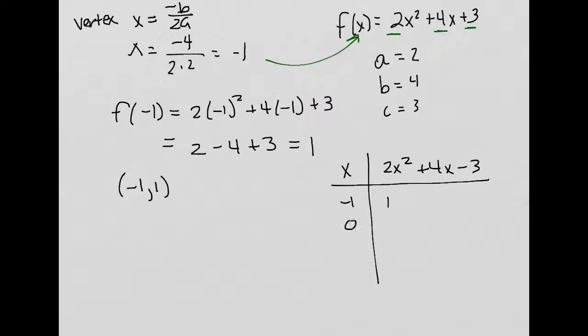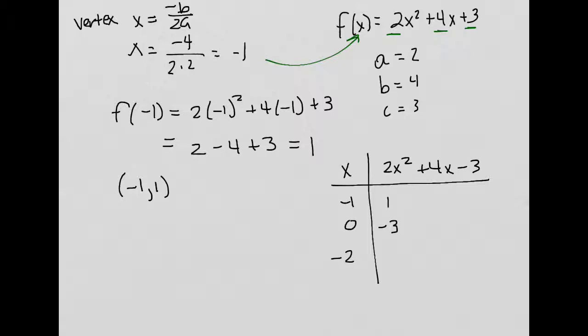Then I have 0, and at 0, I'm going to find the y-intercept, and it's 0, negative 3. Since I know that my vertex is at negative 1, I'm going to pick one on the other side, which is negative 2.